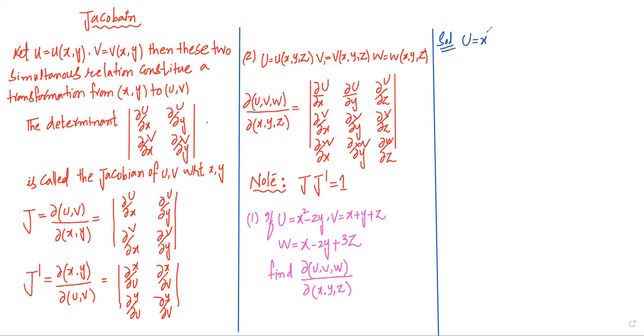u is equal to x square minus 2y. What happens when I find the value of dou u by dou x? 2x. Very good. Now with respect to y, minus 2. With respect to z, 0.